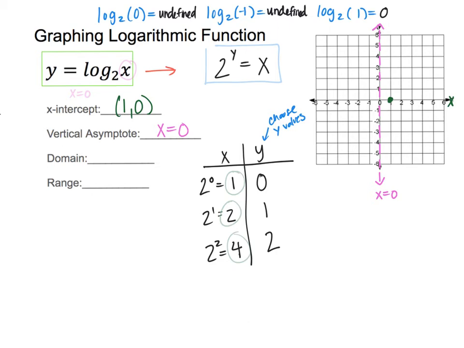All right, and then the next thing here, I was trying to think of something and then I lost my train of thought. What is it? Oh, I was going to plot these points. So I already plotted 1, 0, which is right here. And now I'm going to plot 2, 1, which would be right here.